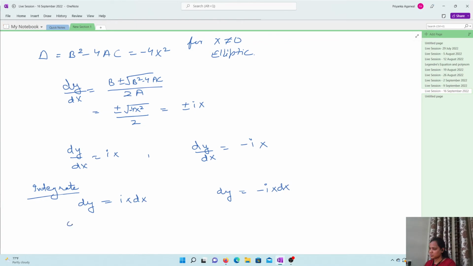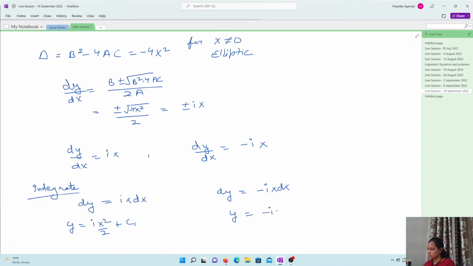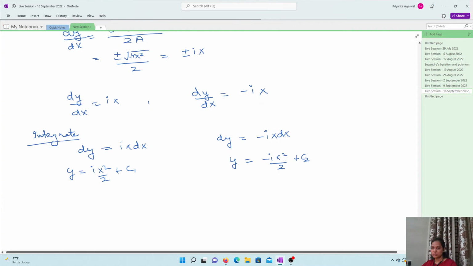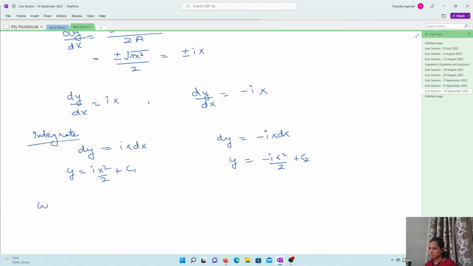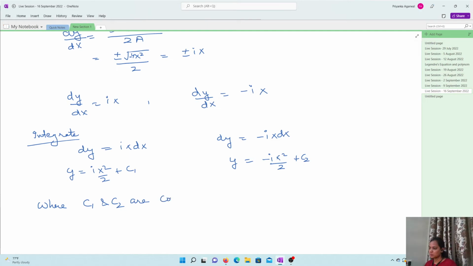So this becomes y equals iota x square by 2 plus some constant, and this becomes minus iota x square by 2 plus some other constant, where these C1 and C2 are complex constants.